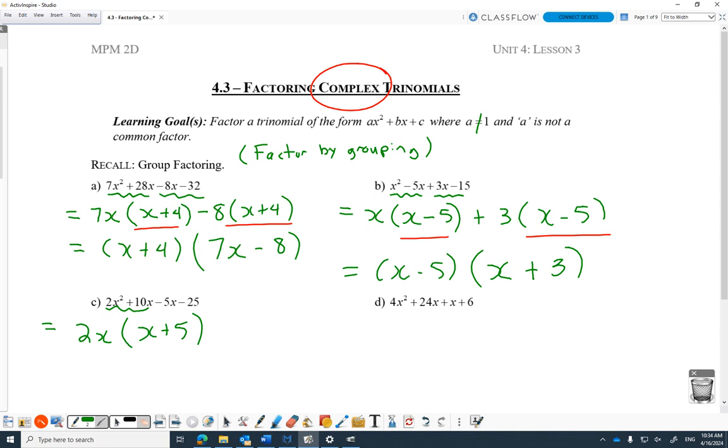Take the negative. If that first term's got a negative, take it with you. That is fabulous advice. That's the kind of advice you're paying me for. A lot of this stuff you could watch on the internet, but that advice is big. If the first term has a negative, take it with you, and then you get x plus 5 in the brackets. The bracket's common in both, and so I get x plus 5 and 2x minus 5.